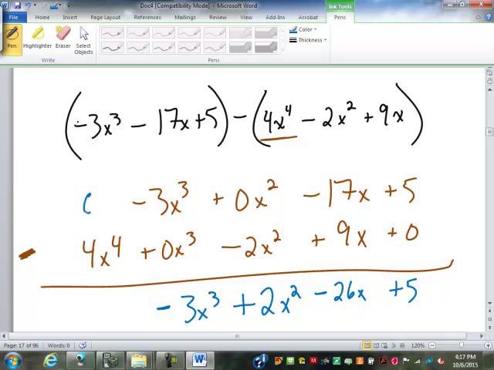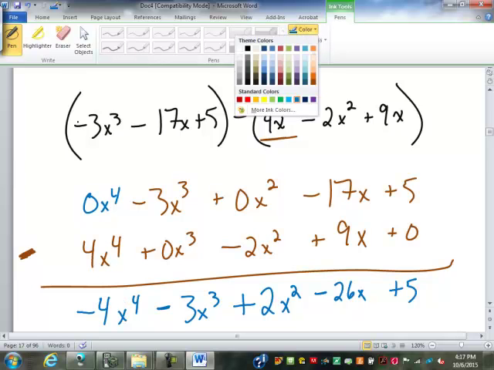And now we have to put in a 0x to the fourth up here because there wasn't one. 0 minus 4 is negative 4x to the fourth. Any questions?